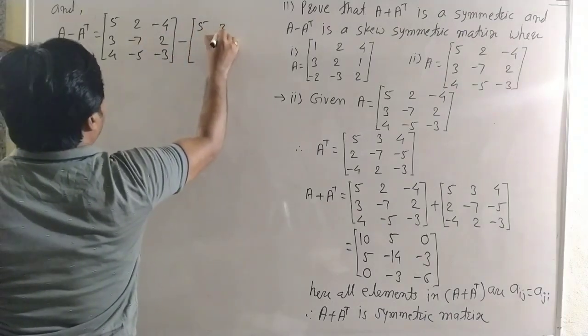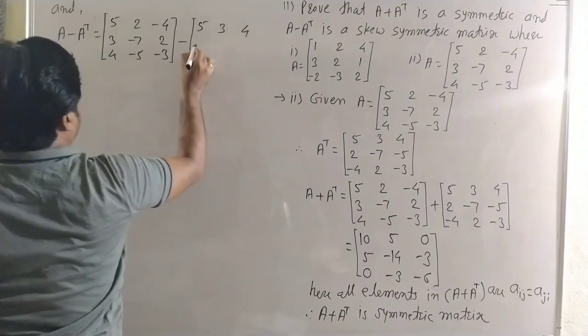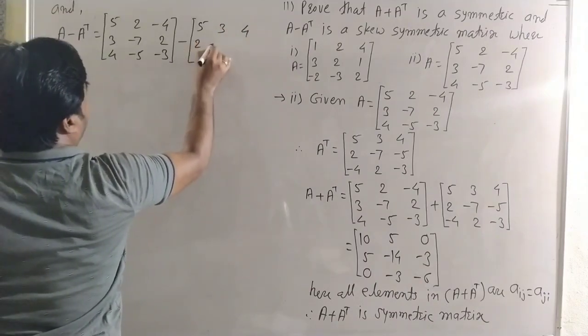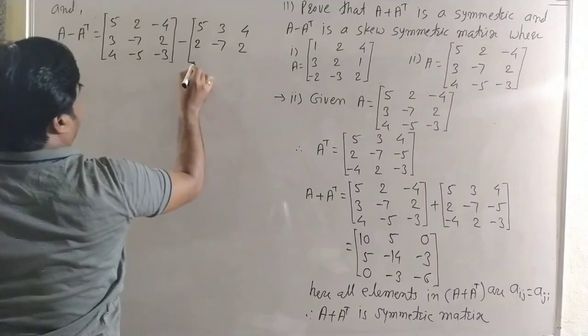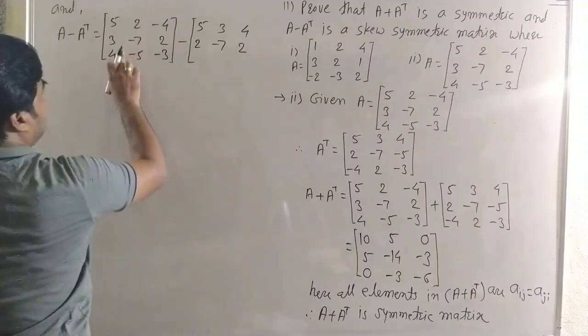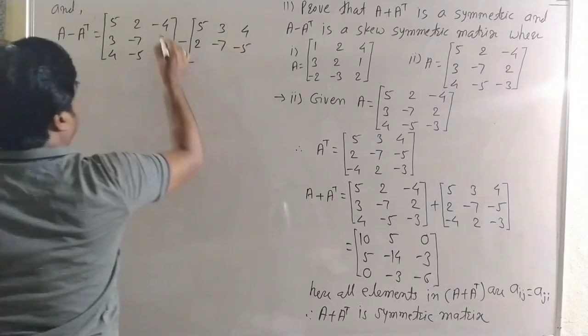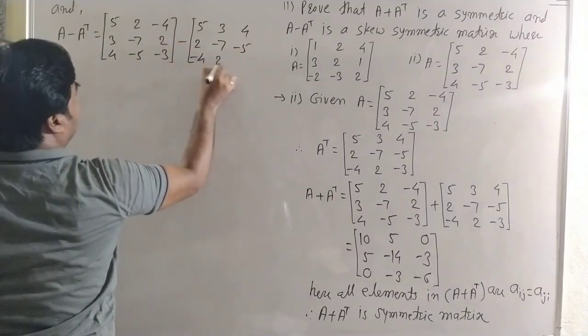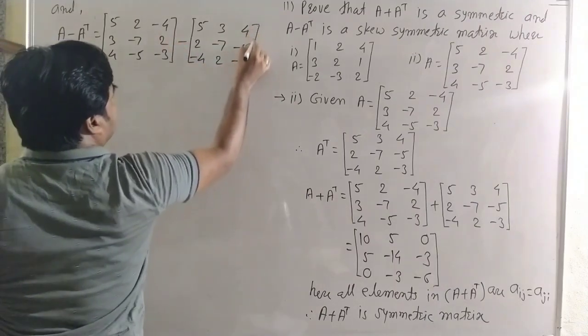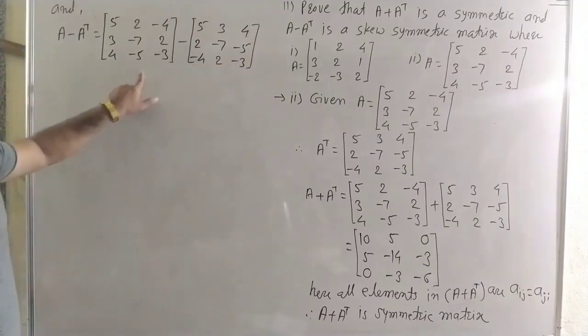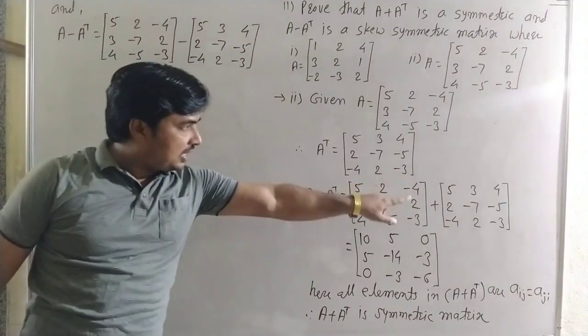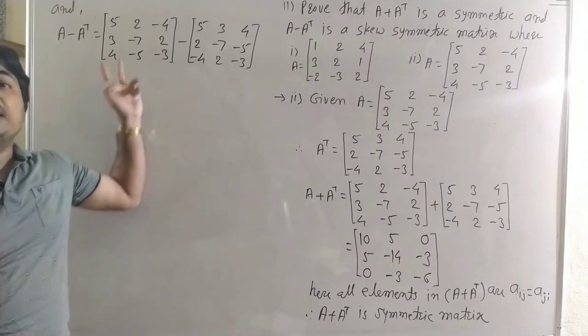It is 5 3 4, 2 minus 7 2, 2 minus 7, it is minus 5, and minus 4 2 and minus 3. Okay, here it is a transpose. Here it is A plus A transpose, here A minus A transpose.